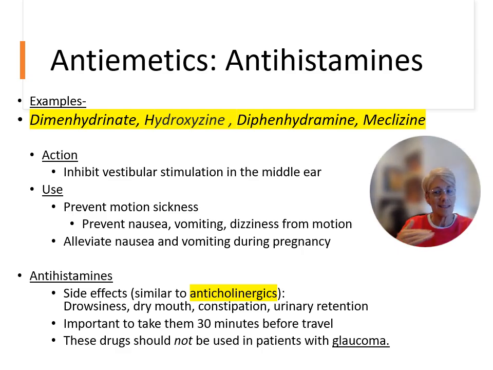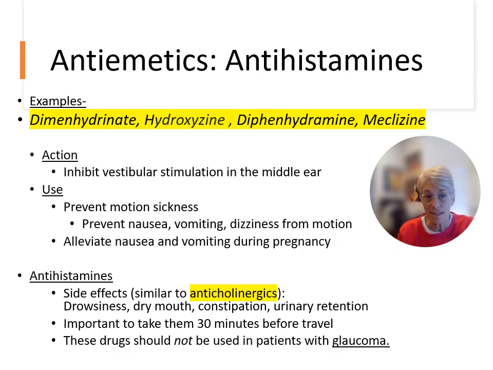So, as I said, ATI kind of has these medications, some of the more serious nausea and vomiting down to some of our lower level nausea and vomiting that we may see from seasickness, from motion sickness, or even nausea during pregnancy.